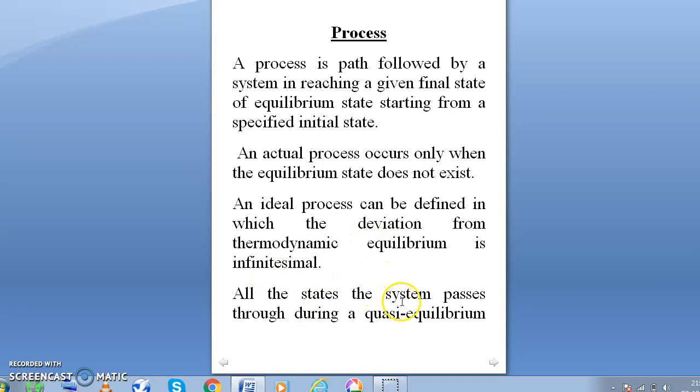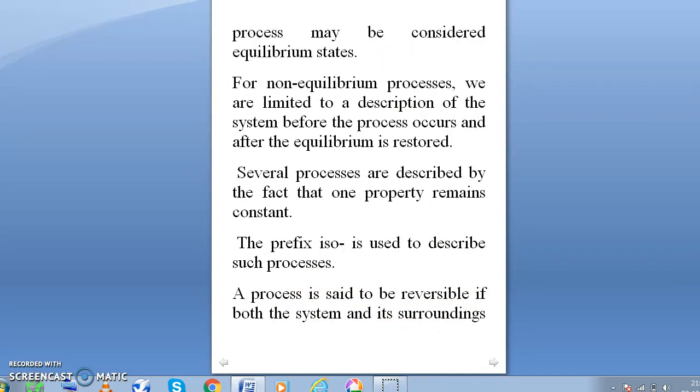All the states the system passes through during a quasi-equilibrium process may be considered equilibrium states. For non-equilibrium processes, we are limited to a description of the system before the process occurs and after the equilibrium is restored.